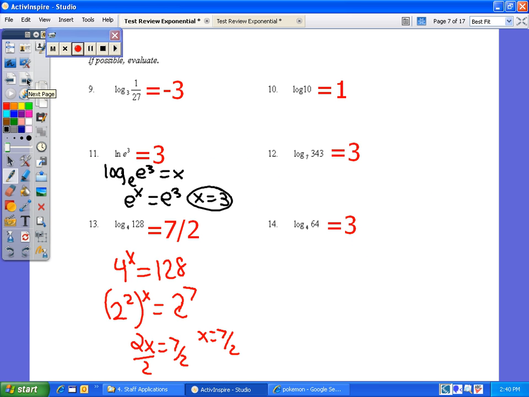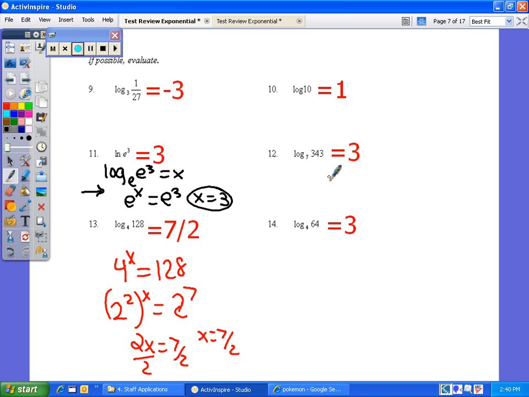Alright, these you just should know your powers. 3 to the third is 27, but because it's a fraction, it's negative 3. Log of 10 means count your zeros, so we have 1 zero, that's 1. I have the explanation here for number 11. This is just 7 to the third power.